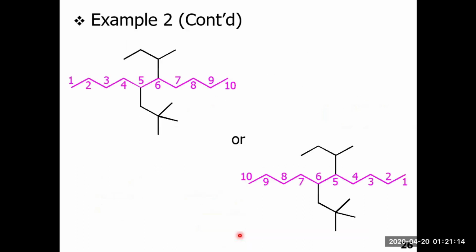Now, the next thing we have to do is to decide how we are going to number the chain. We can number this from left to right, or from right to left. That can only be decided if we can have the lowest set of possible locants.